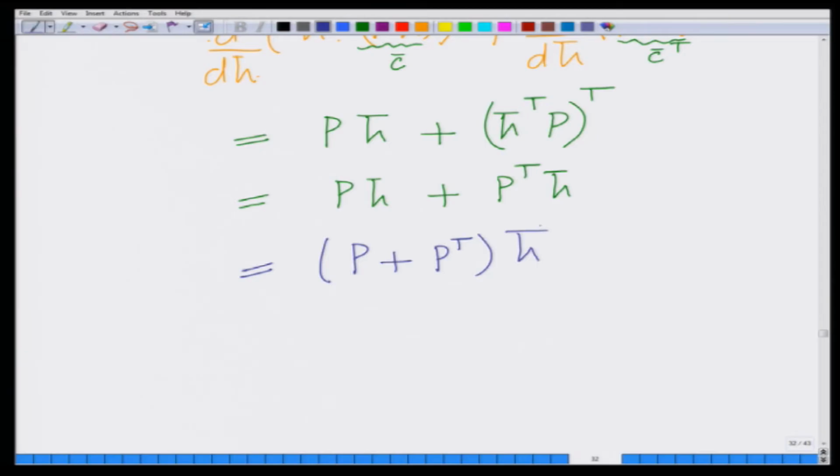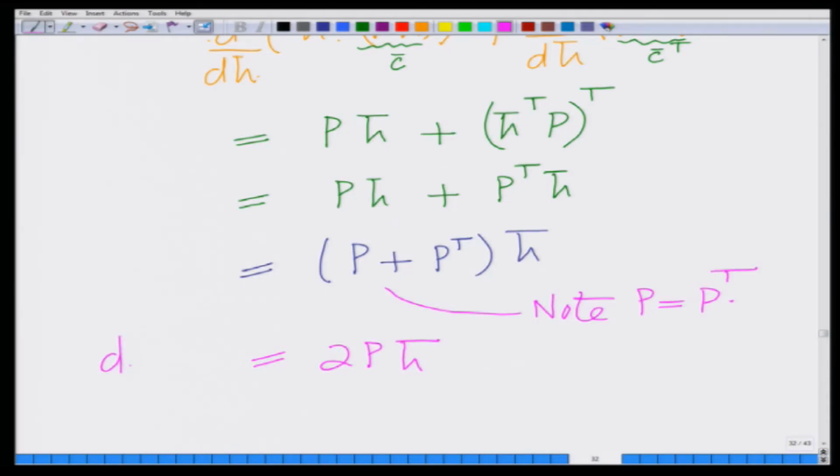So the result is P plus P transpose times h bar, but note at this point that matrix P is symmetric, which means P equals P transpose. Therefore, this is simply 2P times h bar.